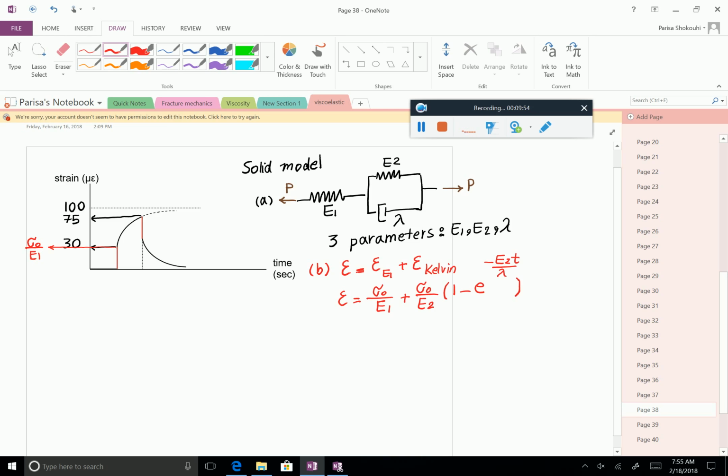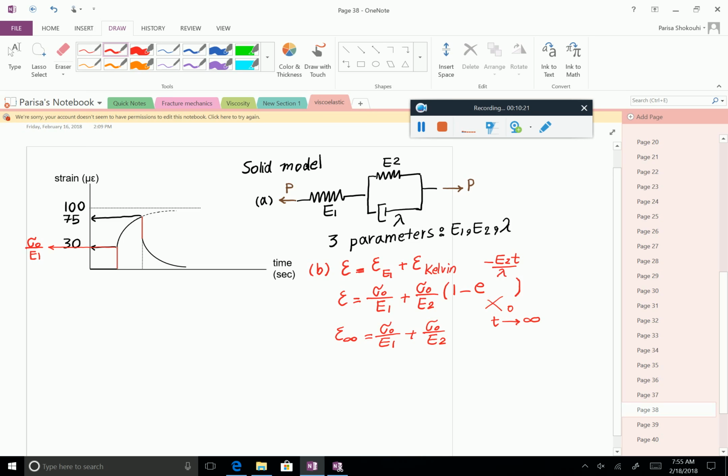Now, if you wait long enough, if you really wait a very long time, basically the strain here will approach sigma 0 over E1 plus sigma 0 over E2, because this exponential term is going to be 0.